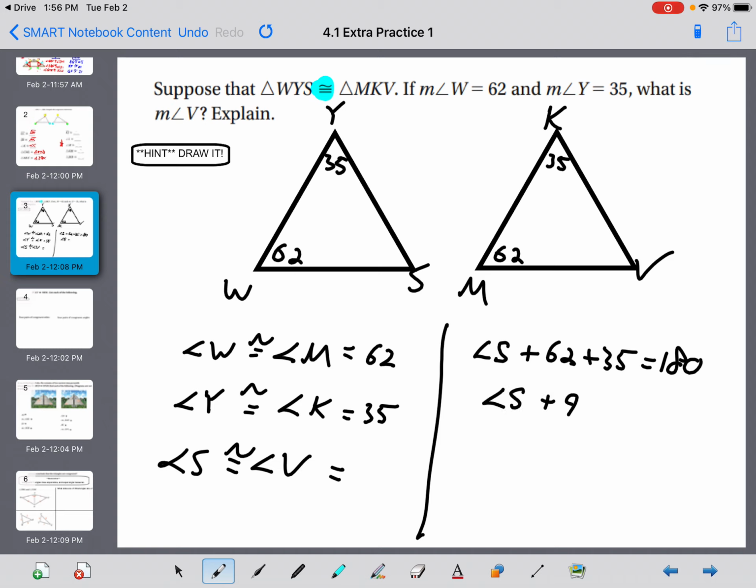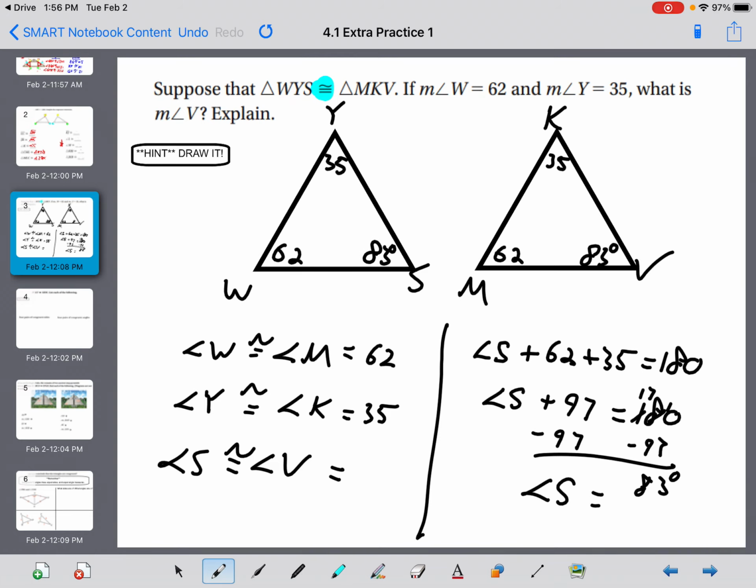Subtract 97 on both sides, and angle S is equal to 83 degrees. Okay, so if angle S is 83 degrees, that means that angle V is also 83 degrees.